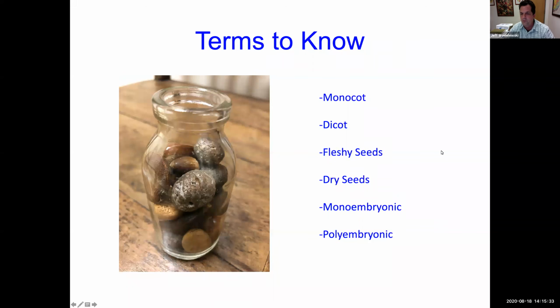Okay, a few terms that I want you to know that we're going to go over. Monocot versus dicot. We're just going to show you one slide on that. So monocots are things like palms and bananas and bird of paradise and things like that.